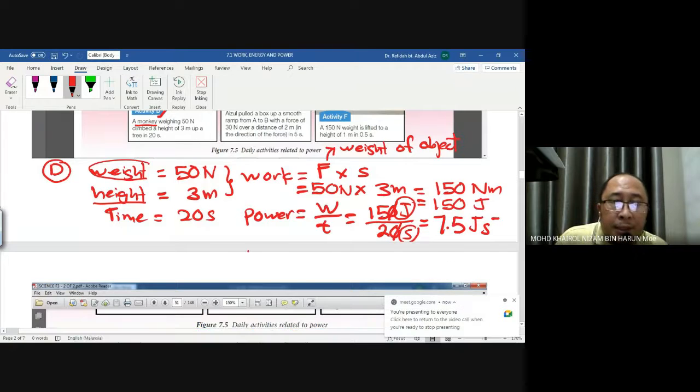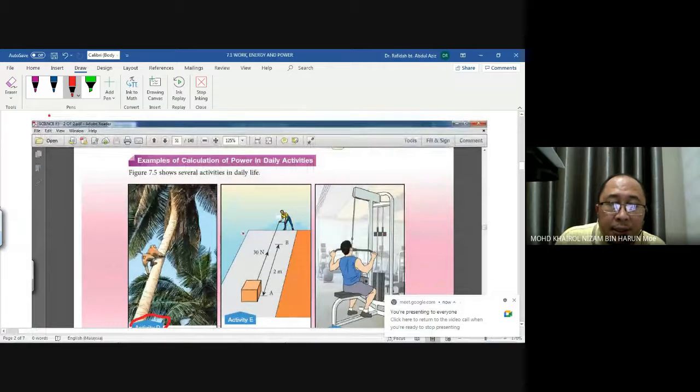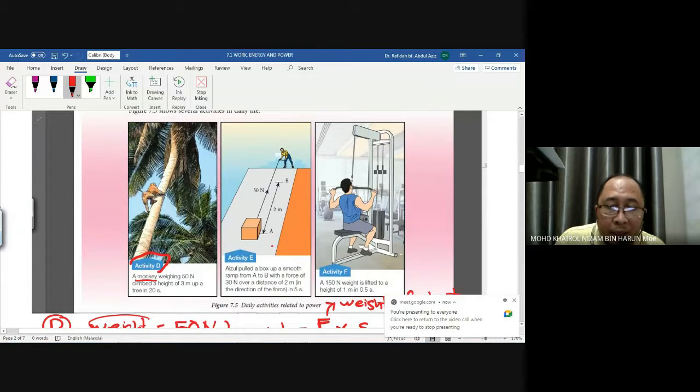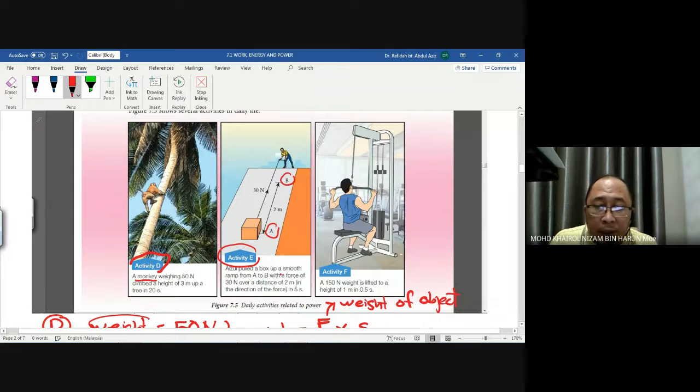Okay, so that is the first activity D, calculation of power. Now look at activity E. This person pulls a box up a smooth ramp from A to B, with a force of 30 Newton over a distance of 2 meter in 5 seconds.